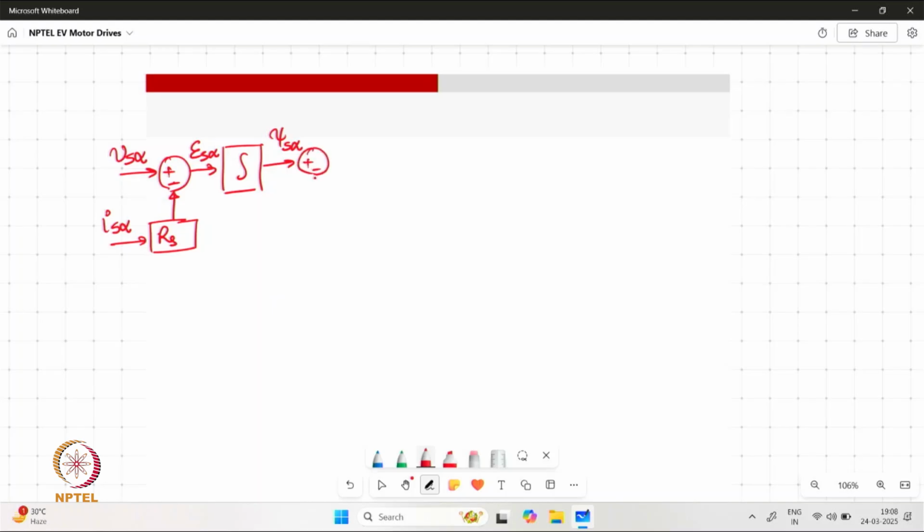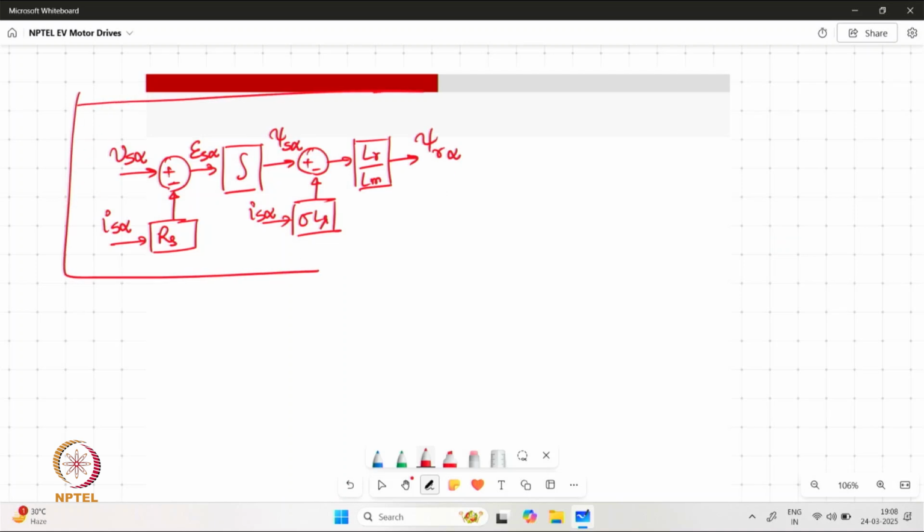Now we need to subtract the scaled Is alpha to generate the scaled psi r, and by multiplying the appropriate gain Lr by Lm, we can generate the alpha component of the rotor flux. Similarly, we can have the beta component also generated in this manner.